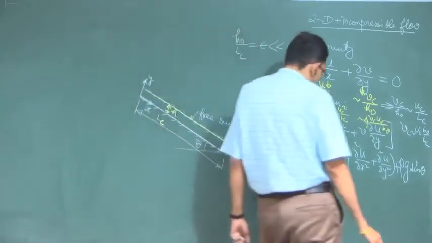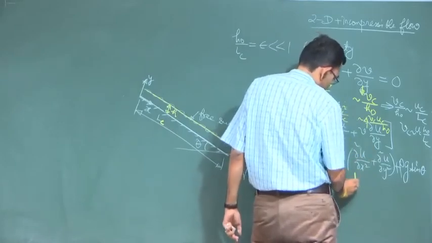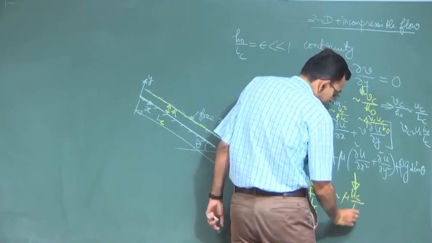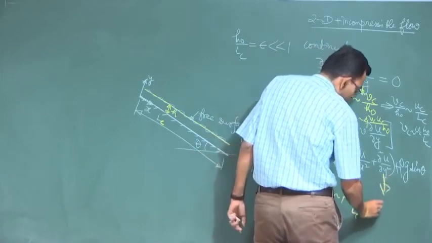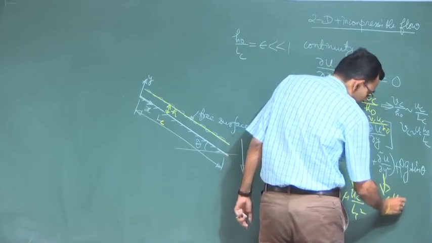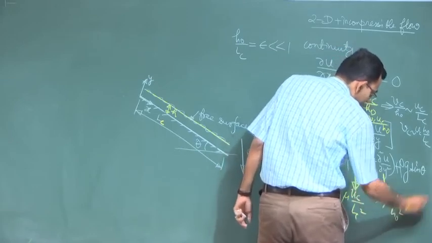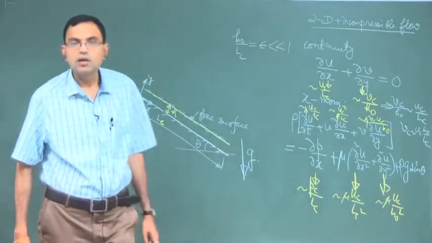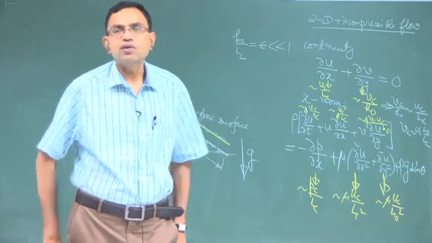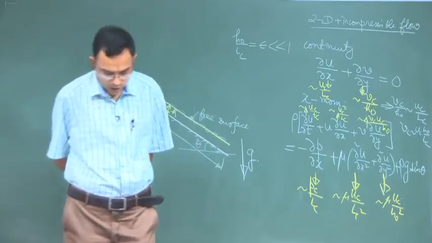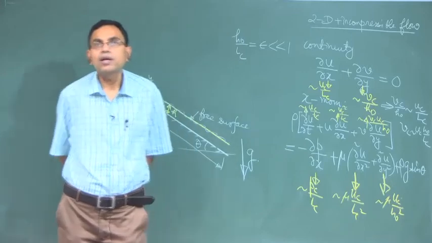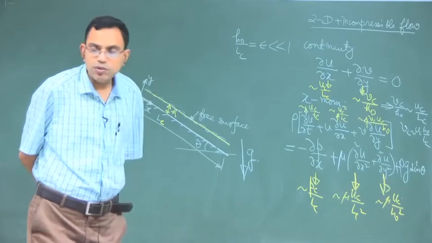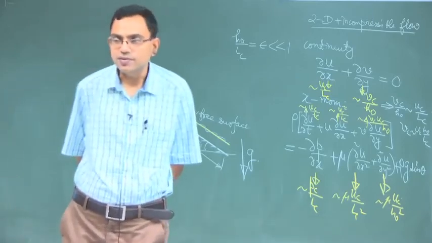And this is of the order of mu Uc by Lc square, this is of the order of mu Uc by h naught square, and this is rho g sin theta. Now, I want to introduce a particular symbol or nomenclature in this chapter, because eventually we will be dealing with non-dimensional quantities.